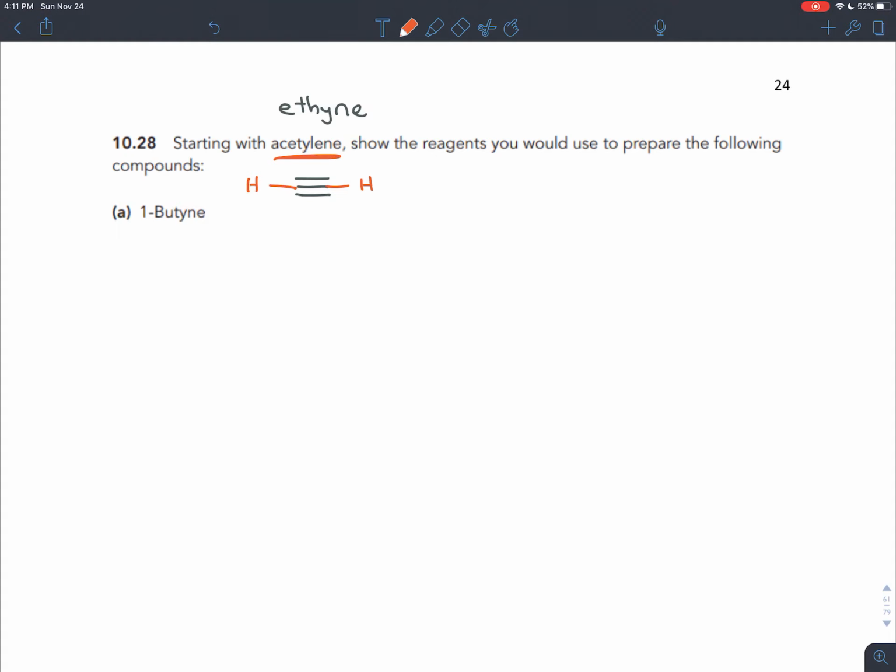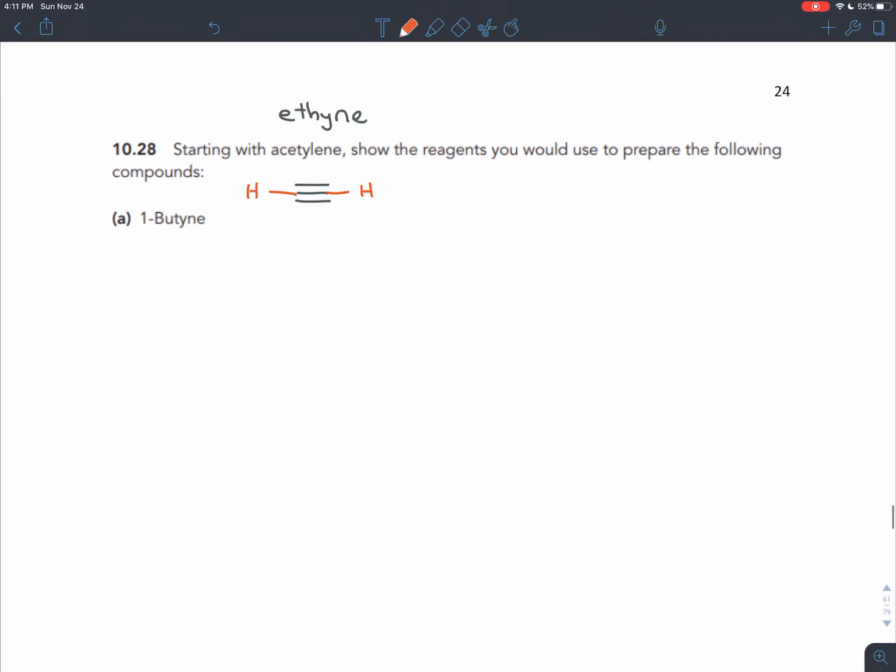Acetylene, interestingly, is the molecule that they use in welding torches when they burn them. The flame in welding torches is created by burning acetylene molecules. It's a good name to know. Sometimes tests like the MCAT or PCAT or DAT will expect you to know that acetylene is really ethyne.